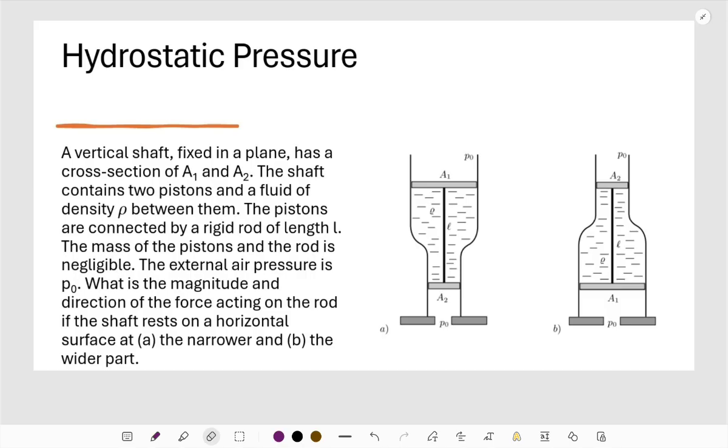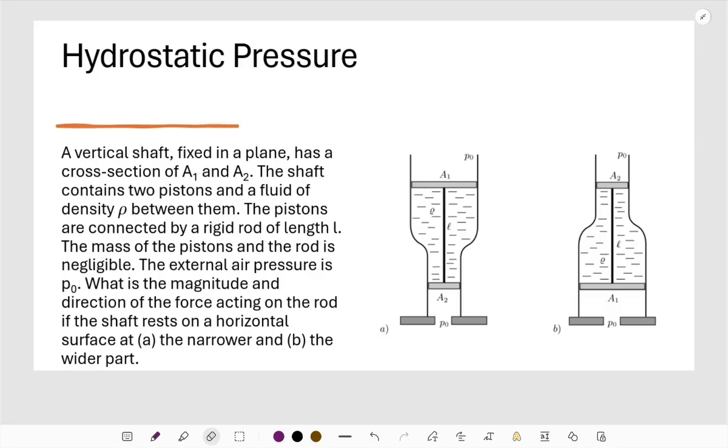A vertical shaft, because in this fluid thing, there is one kind of thing that is of more importance, and that is the surface tension part. Otherwise, all other things are quite simple. If anything is different, that is the solution of a differential equation, and we will talk about it later.